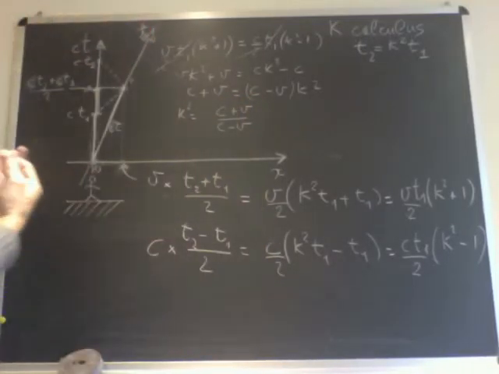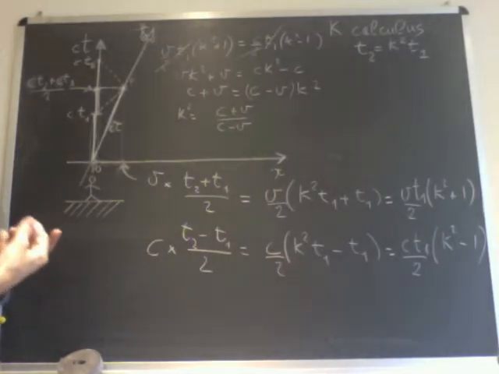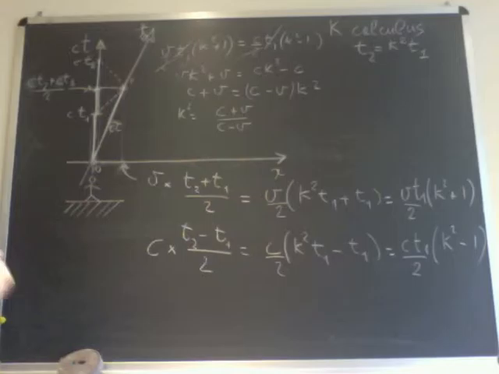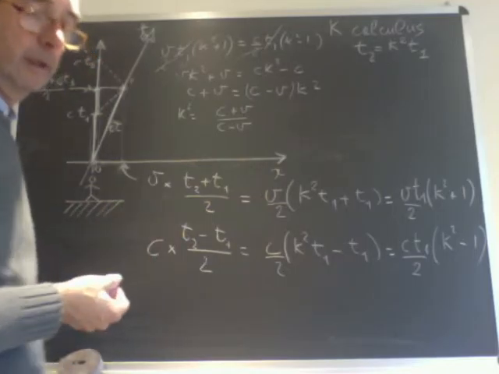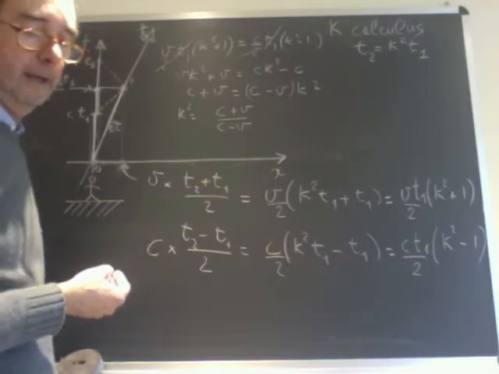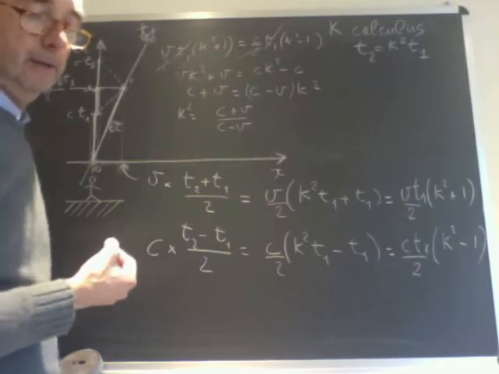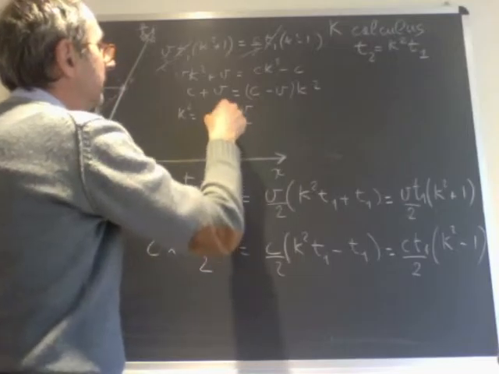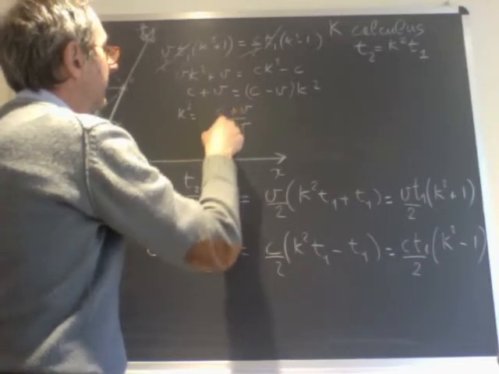So we have found a value for k squared just with simple considerations about the movement of the rocket and of the light. We can go on, and from here it is better to divide by c both numerator and denominator.